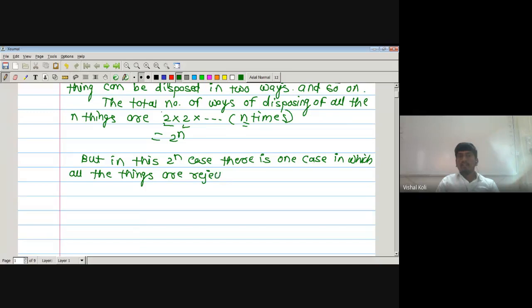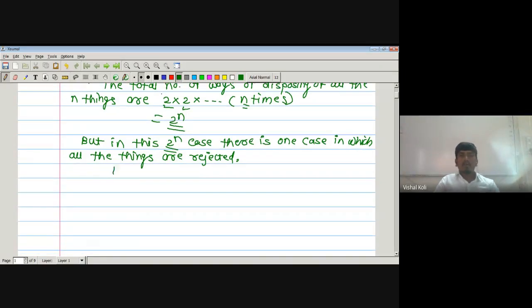But as in combination we have to make the selection, we have to select at least one thing among these n things. But here there is one possibility in which all the things are rejected, and that possibility is in this 2 raised to n case. So we have to remove that one case from this 2 raised to n case.